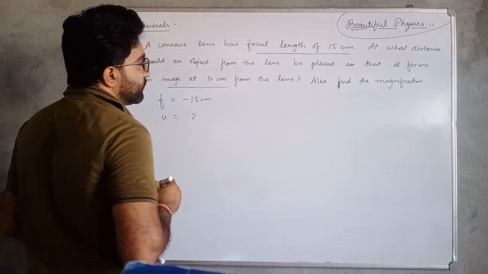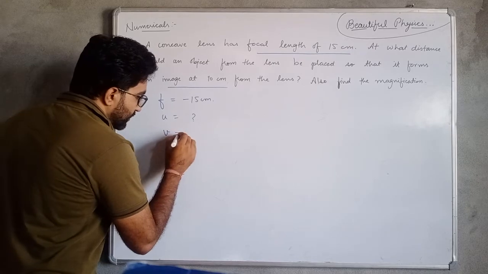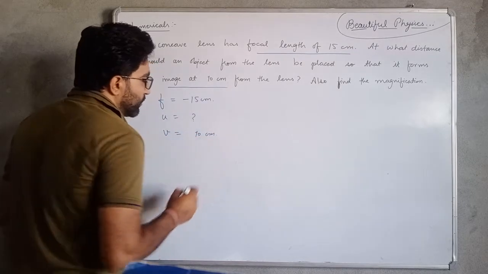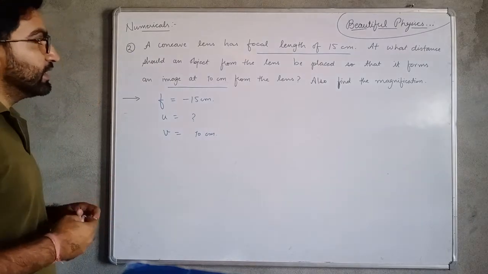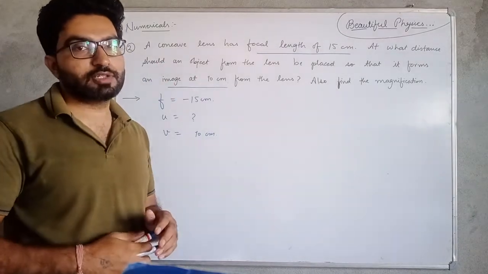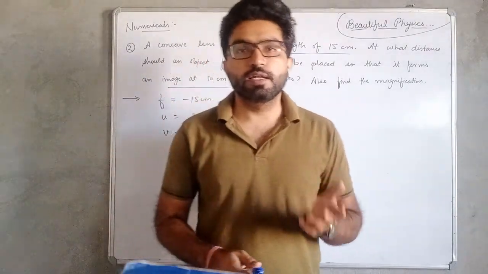Image at a distance of 10 centimeter from the lens, as it is given, v is given and the image distance is 10 centimeter. But we know that the concave lens forms virtual images, and the virtual images always form towards the left side of the lens.